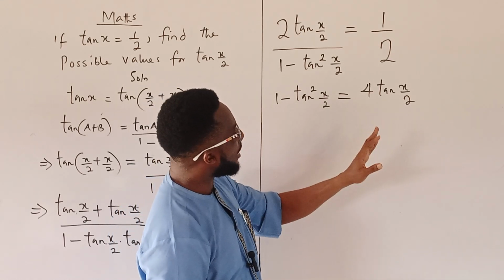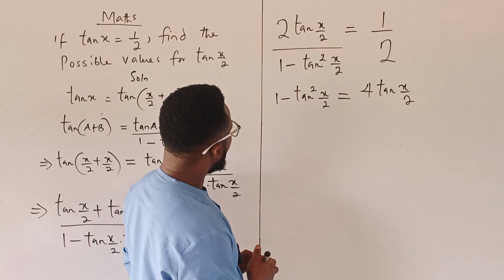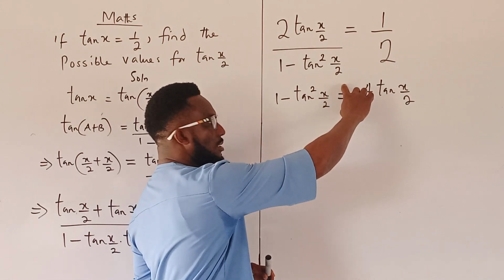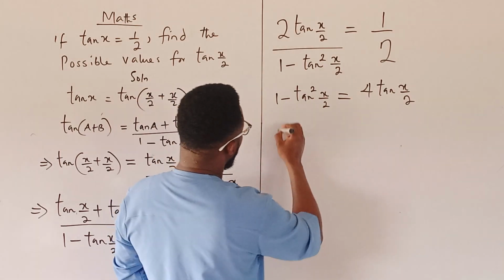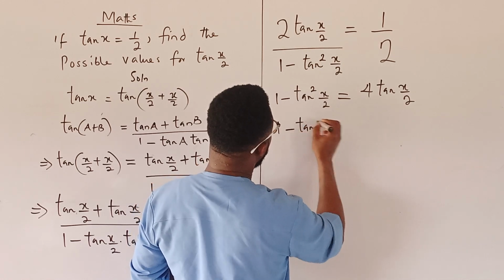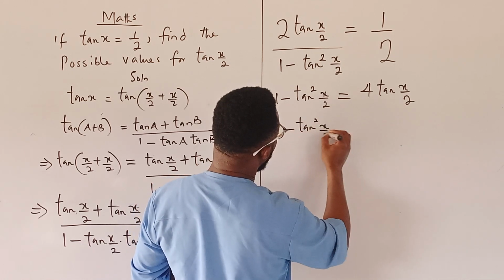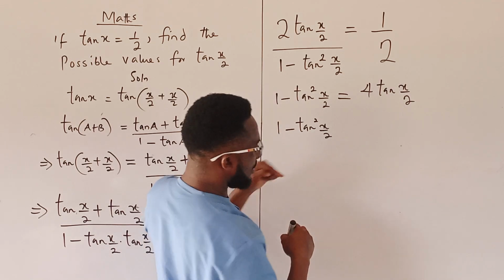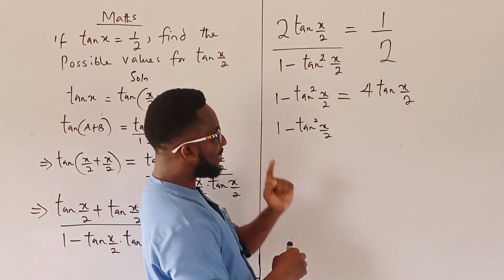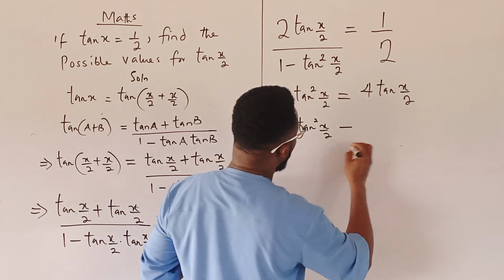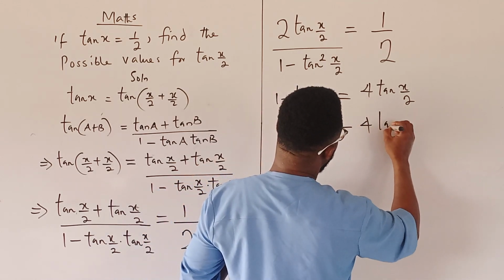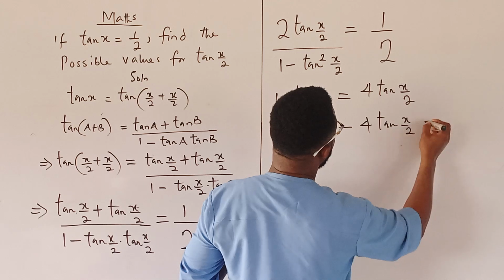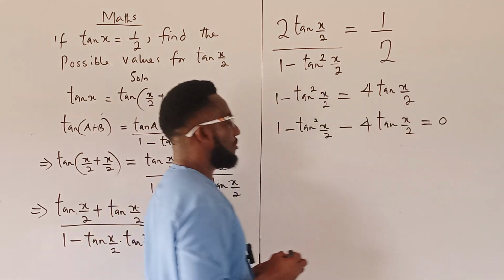So I will take 4 times half of x to the left. After it crosses, the equality sign becomes negative: 1 minus the tangent squared half of x, tangent square half of x, sorry for that. The tangent square half of x minus 4 tangent half of x, everything equal to 0.